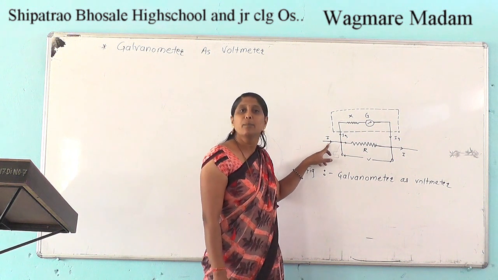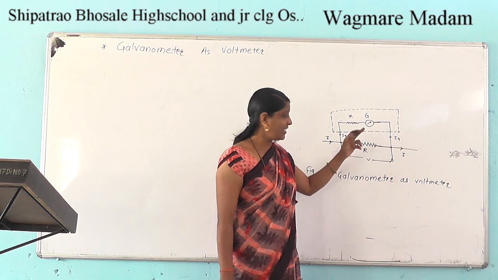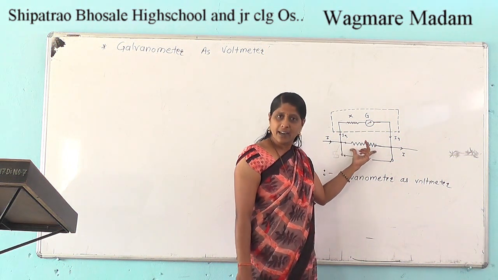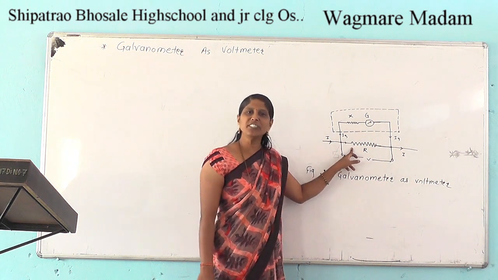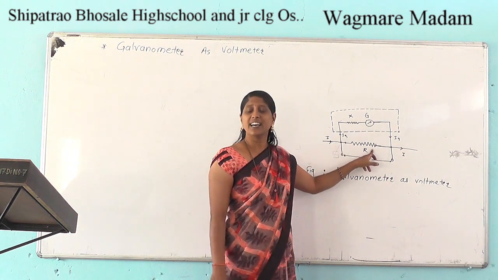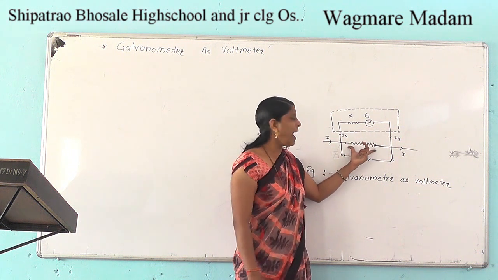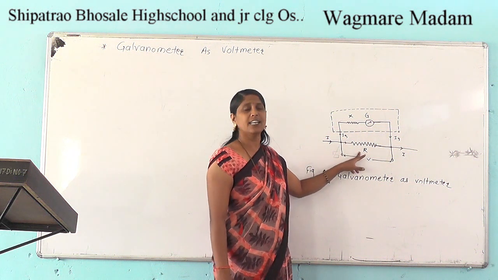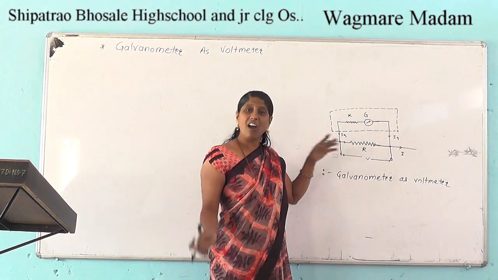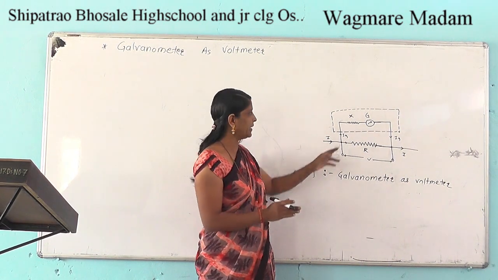I is the current passing through the circuit. Here, R is the resistor connected in the electric circuit, and we have to measure the potential difference across this resistance. We use a voltmeter in parallel to measure the potential difference across this resistance. But instead of a voltmeter, we are going to connect a galvanometer.